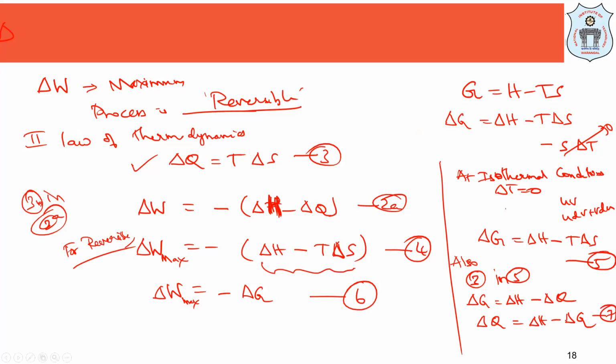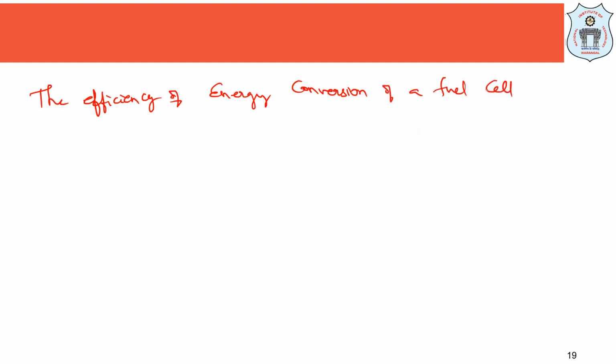So the efficiency of energy conversion of a fuel cell, please note down these things, is given by delta W by minus delta H. What is that?